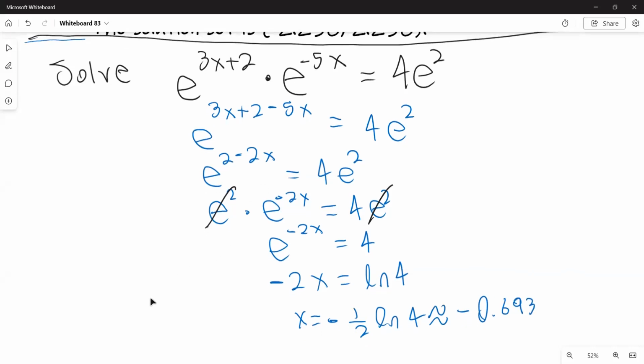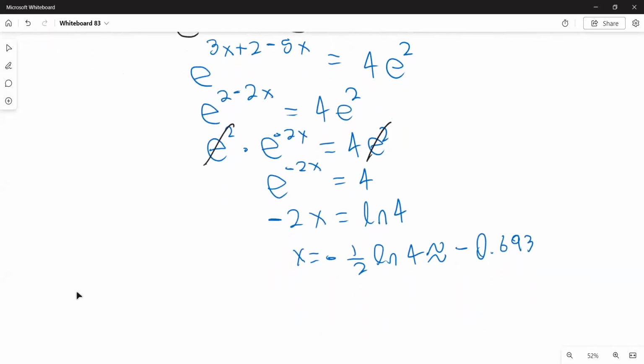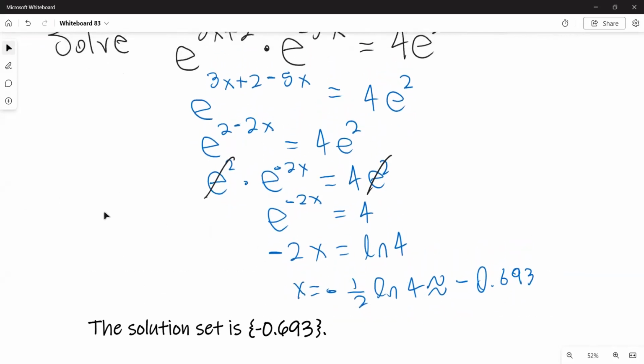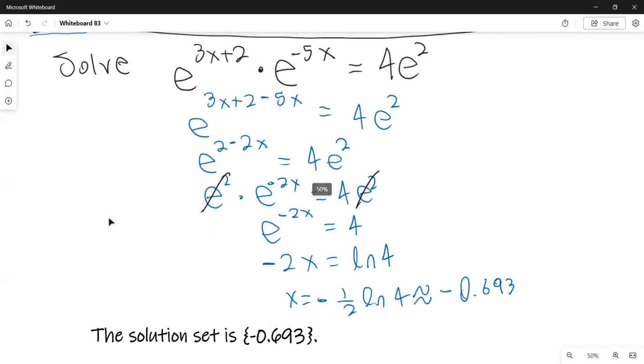Okay, and that is the solution set. The solution set of that equation is that. So that's the problem that we just did.